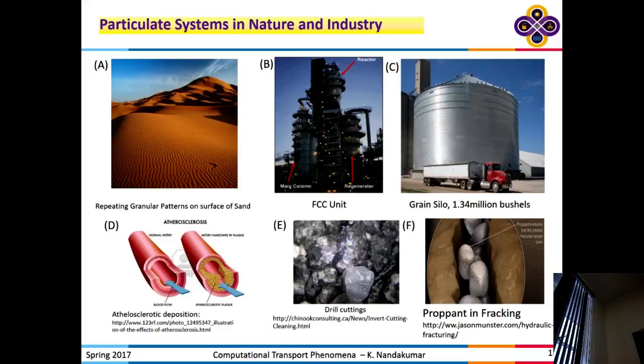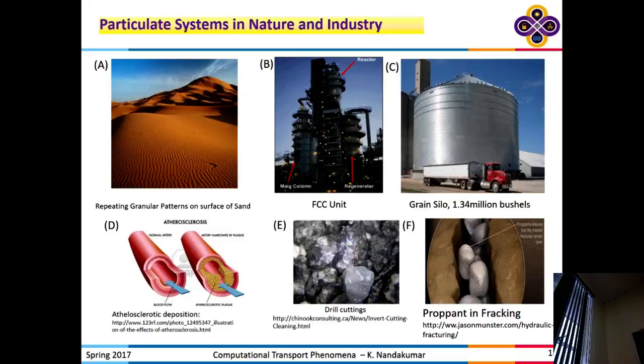Here is another one that occurs in nature, deposits in arteries, for example. And these are in petroleum engineering, right? In the drilling, removal of the cuttings with the drilling mud. Okay, so you can assume the drilling mud to be a single phase, but you have solids that are being transported in that. And this is a propellant in a fracking situation where it goes into the fractures.